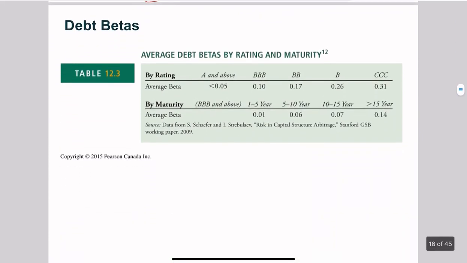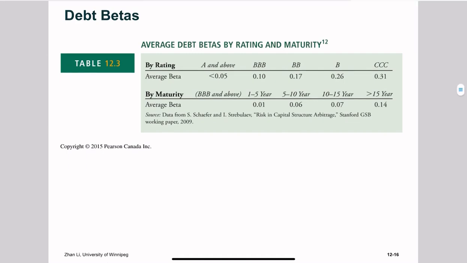Okay, now let's see some data here. This is from a Stanford GSB working paper, 2009. It's basically an estimation of debt categories' betas. You can see that the top panel gives you the result by ratings, right?